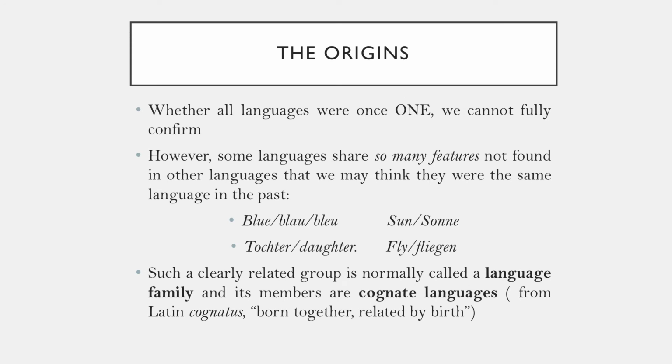Now, where and when did our languages begin to be spoken? Who? How? All these are very intriguing questions. The hypothesis is that originally all of them came from one we call Indo-European. But whether all languages were once one, we cannot fully confirm.